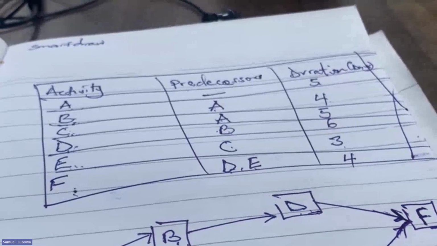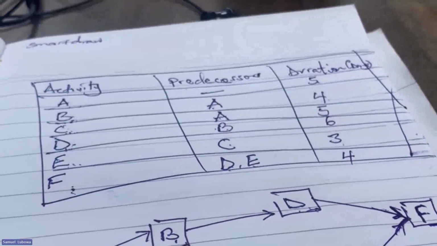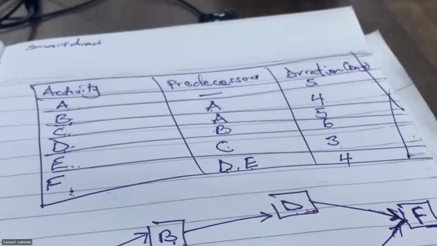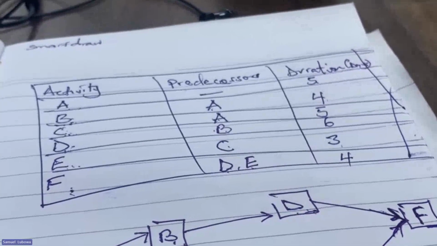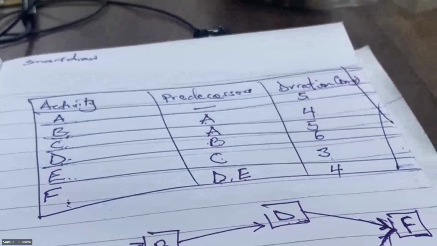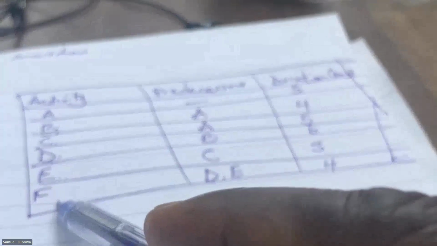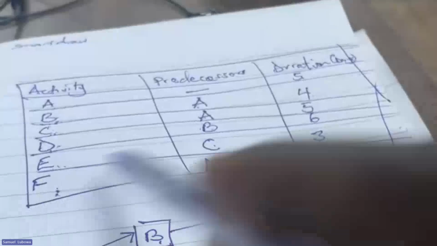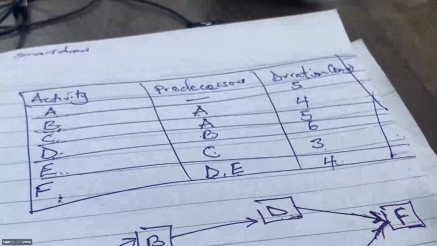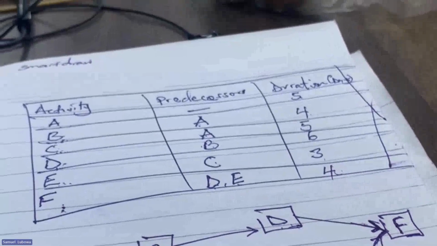Then obviously our last one, which is activity F, lasts for how long? Those are 4 days.